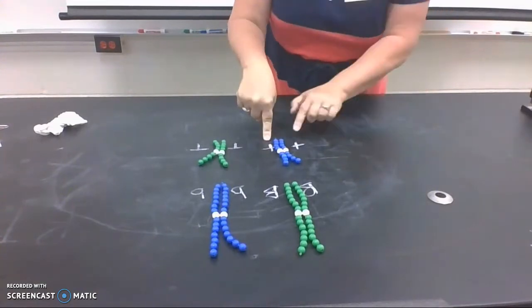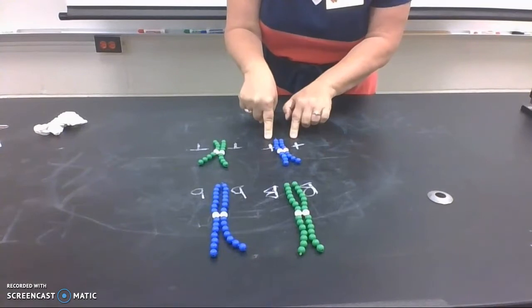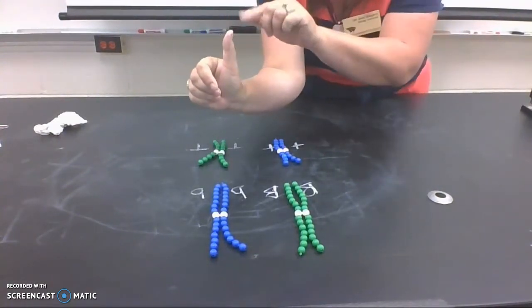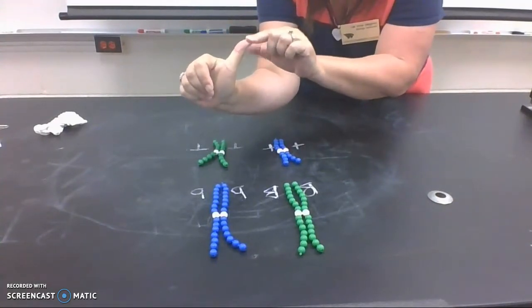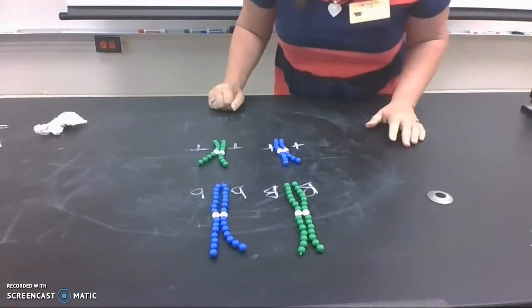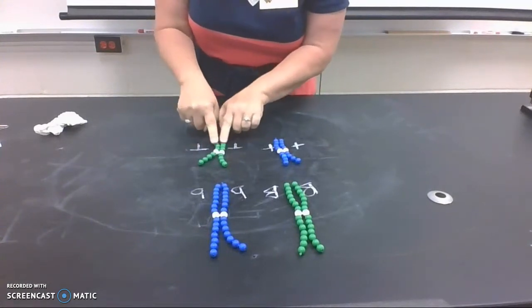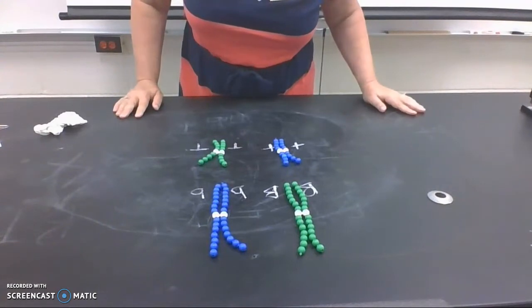So over here, on the blue chromosome, the bottom 2 beads are going to be for straight thumb. Now, the dominant trait actually is when your thumb is all bent back. When you hold your thumb up and it bends back, it's called hitchhiker's thumb. So if you have hitchhiker's thumb, that's a capital T. So the bottom 2 beads on the small green chromosome are going to represent hitchhiker's thumb.